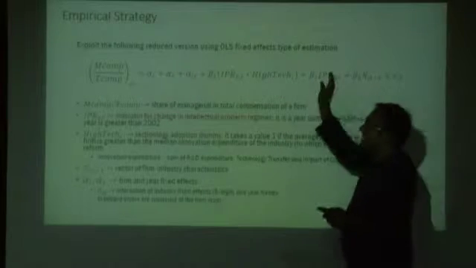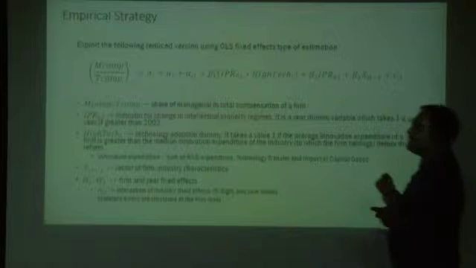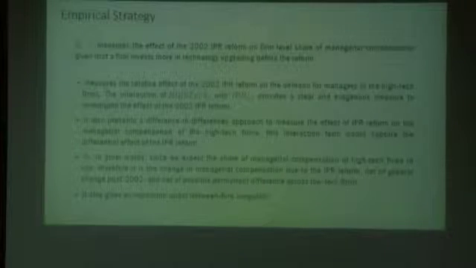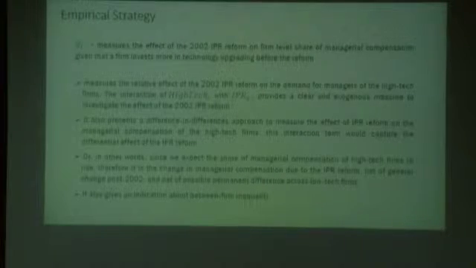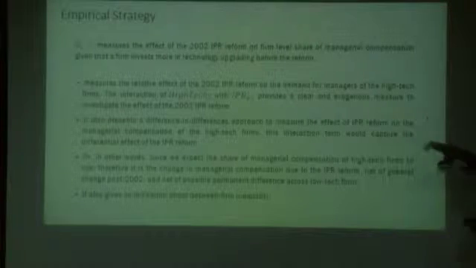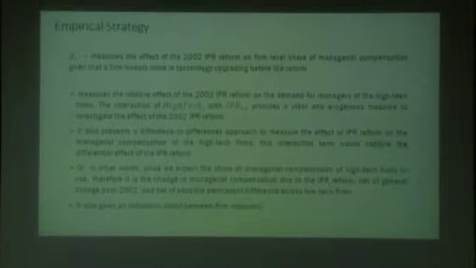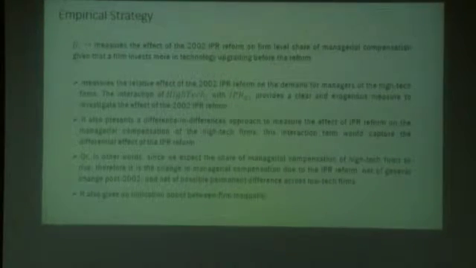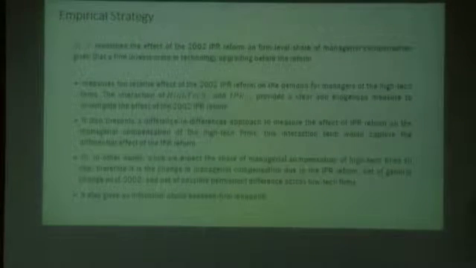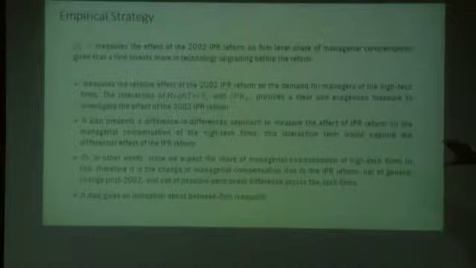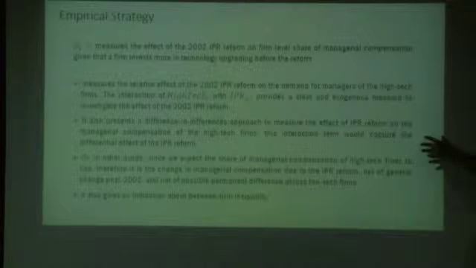What beta 1 measures is the effect of the 2002 IPR reform on the firm-level share of managerial compensation, given that a firm invests more in technological upgrading before the reform. Therefore it measures the relative effect of the 2002 IPR reform on the demand for managers of the high-tech firms, and the interaction term would capture the differential effect.